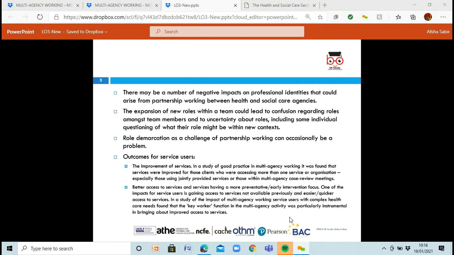There's a lot more preventative and early intervention being focused on, so you're looking at things that are going to be nipped in the bud or looked at a lot quicker. Obviously this is not just to do with health, but also with social care. And then there's a lot more access to these services than there was before. In layman's terms, that means you'll be able to see a professional much quicker than you might have done in any other aspect.